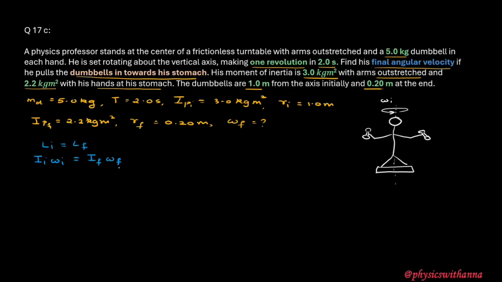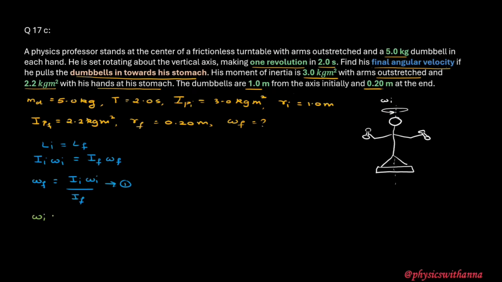We need to find omega f, so we can rearrange the terms and write omega f equal to I initial omega initial over I final. Let me call this equation 1. We will find each of these terms and then substitute here to get the value of omega final.